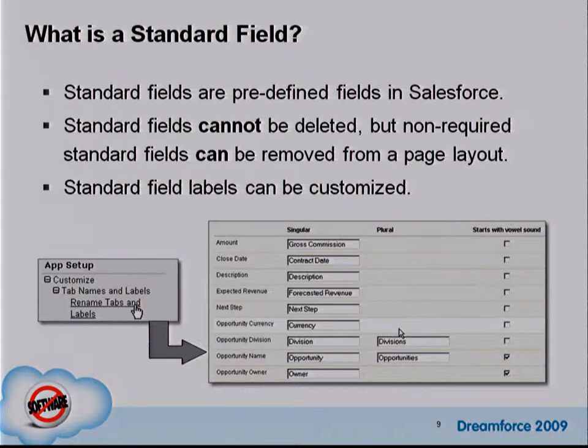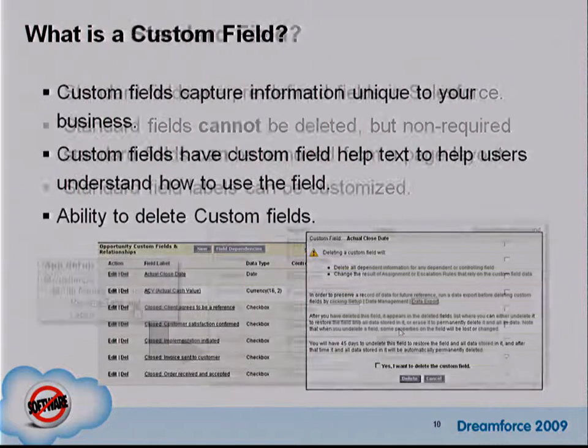So out of the box, we can actually start capturing information about our accounts, like the name of the account, the industry they're part of, their location, whatever. But you may have a need in your business requirements to capture additional information. So Salesforce gives us a very easy way to extend the application by adding additional fields to objects. So let's go on to the next slide.